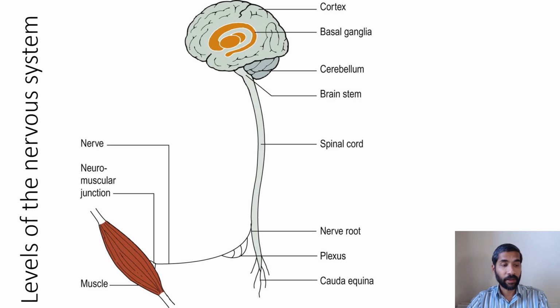And you also have the peripheral nervous system, which consists of, you could say, the spinal cord, the nerves, and the muscles, right? So neurological measurements are measurements that look at the integrity of the nervous system, right from the brain, through the spinal cord, through the nerves, into the muscles, right?